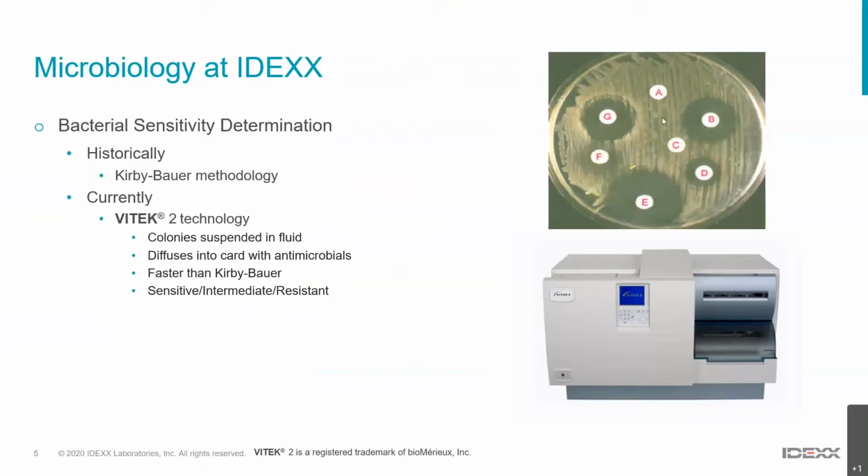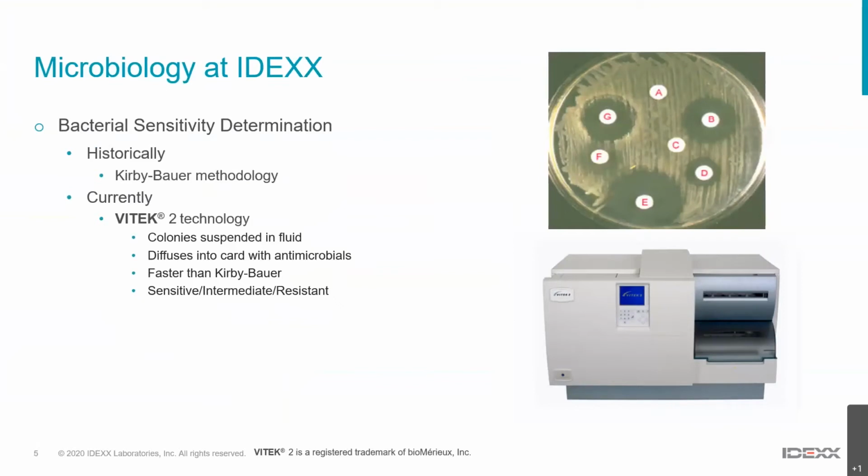So for example, here, if we look at disc A, you can see the bacteria growing right up to the disc. So obviously the bacteria is resistant to that antibiotic, whereas for the ones with bigger zones of inhibition, we compare that to a set size, and we can determine if that antibiotic is going to be effective or not.